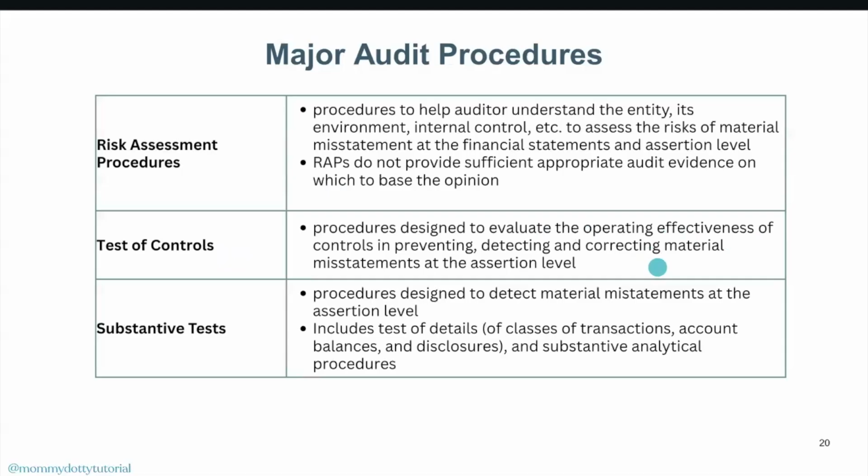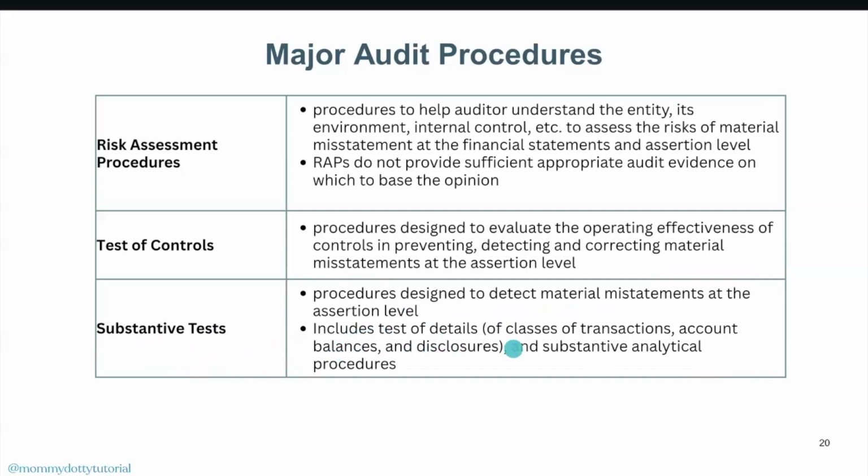Usually in big companies, there are internal control procedures. So from the management side, of course, the management has the responsibility to make sure that there's a tight internal control and it's also working effectively. Now let's go to the substantive testing. So these substantive tests are procedures designed to detect material misstatements at the assertion level.